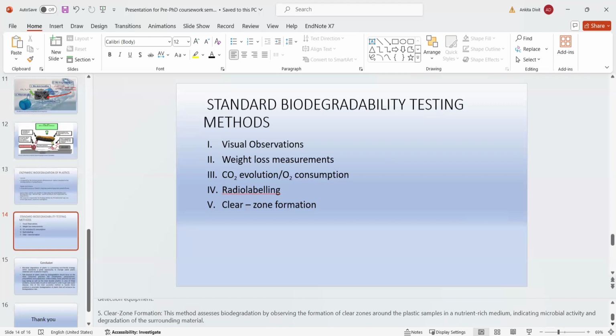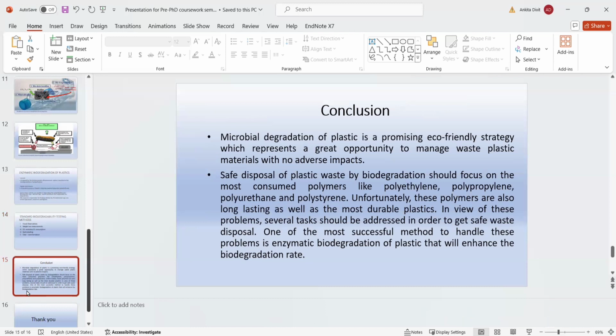After that, some high throughput techniques were also used for the detection of plastic degradation, in which FTIR and scanning electron microscope are used. Then what we can conclude from today's seminar: microbial degradation of plastic is a promising eco-friendly strategy which represents a great opportunity to manage the waste plastic material with no adverse impact.